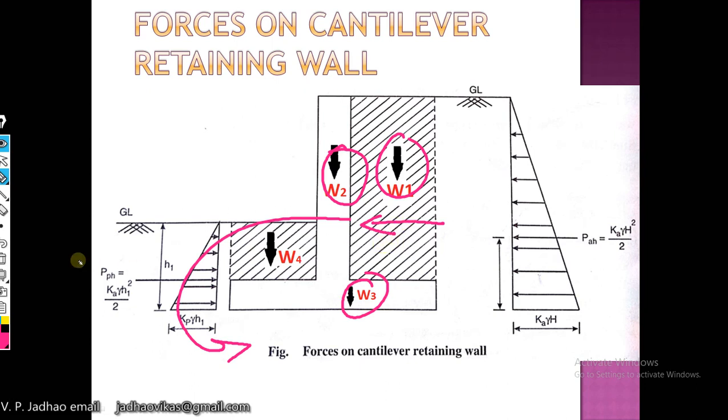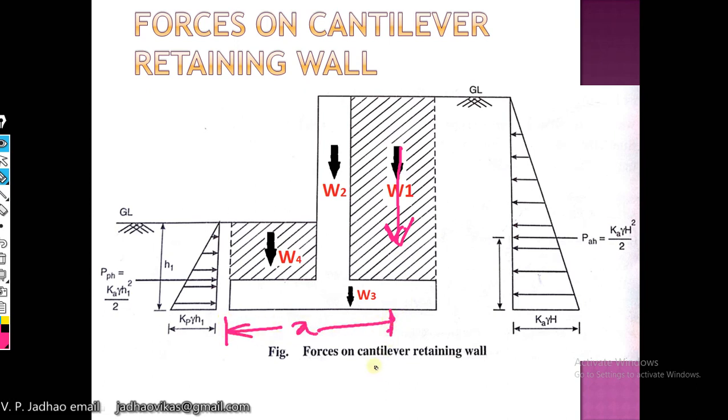Now if we consider W1, it is acting here at some distance, let us consider x, from this end, so it will again cause some moment. Our destabilizing moment is in this direction and the stabilizing moment will be in this direction, so it will provide stability.